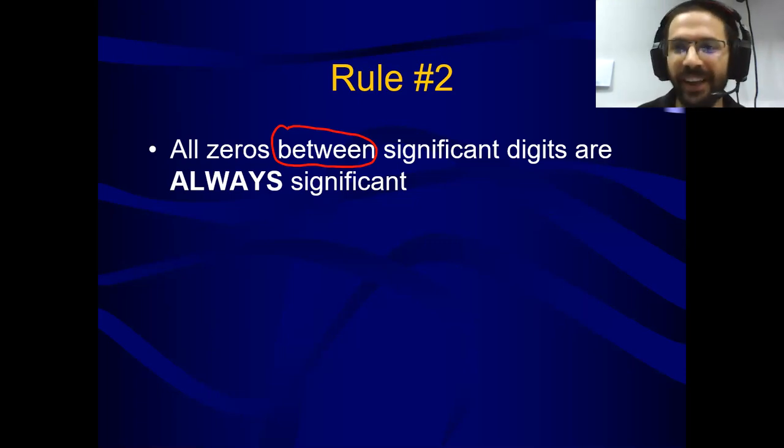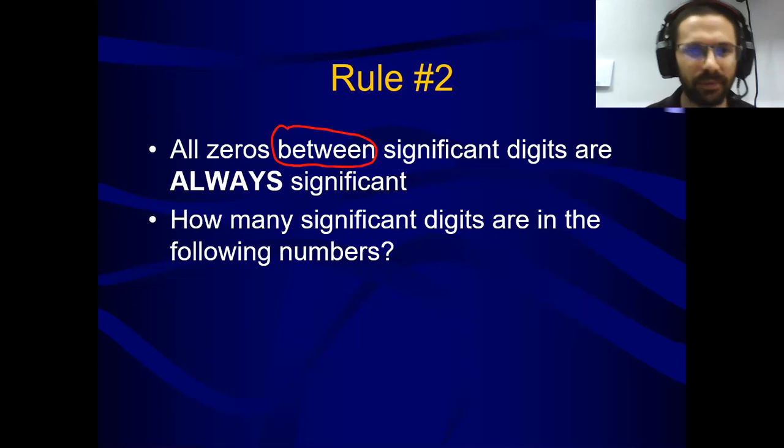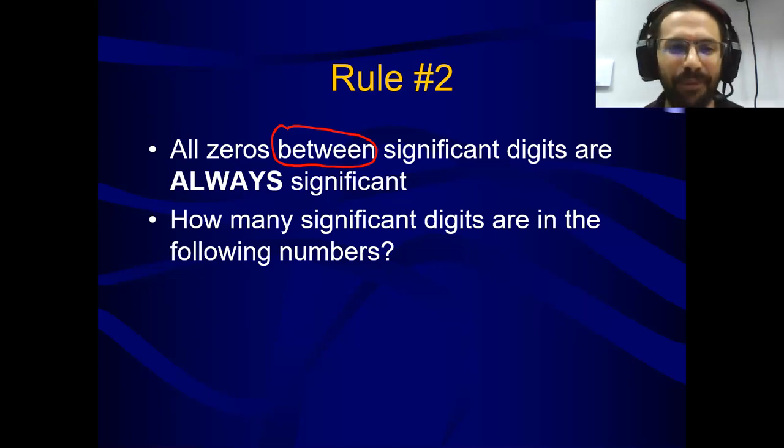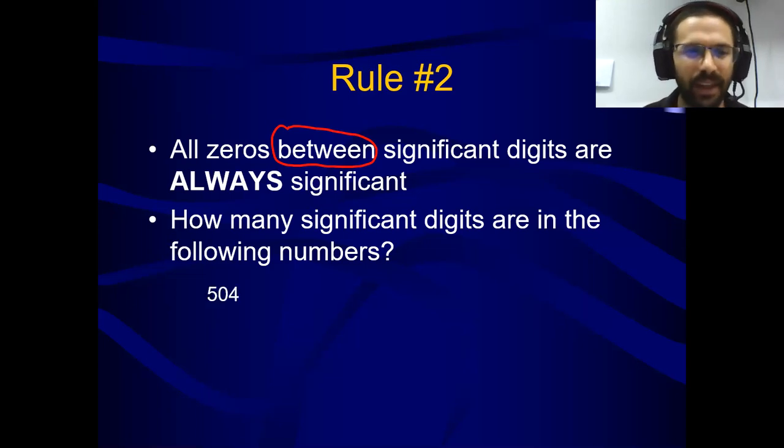So this is when the rule is going to become a little bit harder, because we're going to talk about zeros. Let's look at some examples and count how many significant digits are in the following numbers. Here we have 504. How many significant digits are there? Remember the rule.